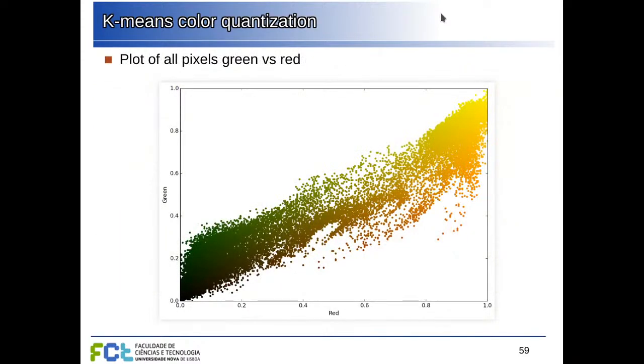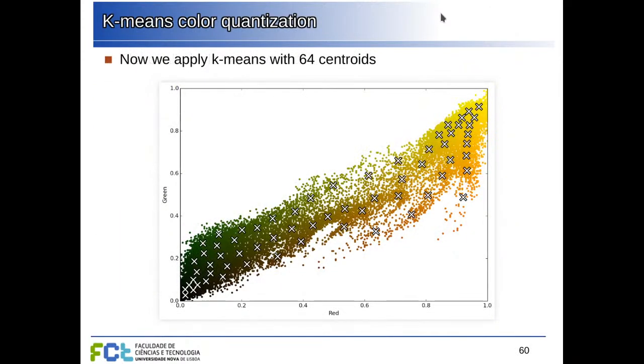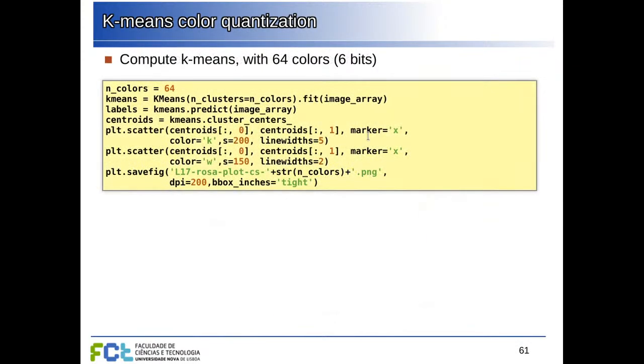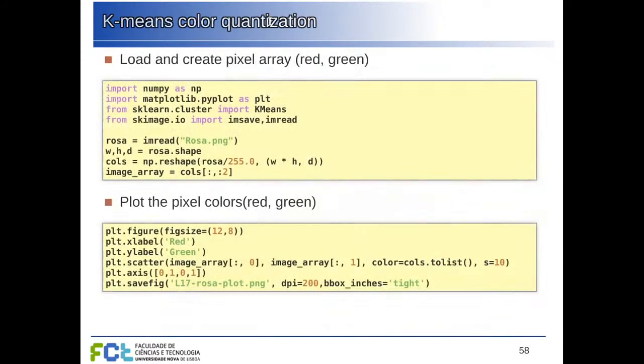Okay, so now we're going to use scikit-learn to cluster this and find 64 centroids. So let's reduce this to only 64 colors representative of all these colors in the image. We can use the k-means object from scikit-learn, so you can just import this from the cluster module. You import the k-means class.